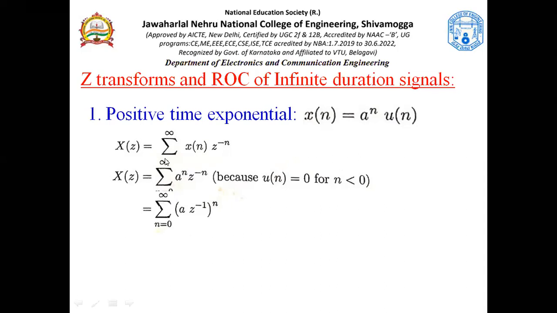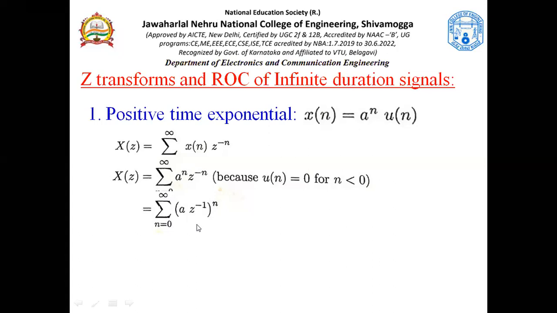Earlier it was minus infinity to 0. It's not seen properly here. It's minus infinity to 0. So from minus infinity to minus 1, u of n is 0. And u of n is 1 from 0 to infinity. That's why this is 1 and this becomes 0 to infinity. And if you rearrange this, taking this n outside the bracket, why should this be expressed in this particular form?